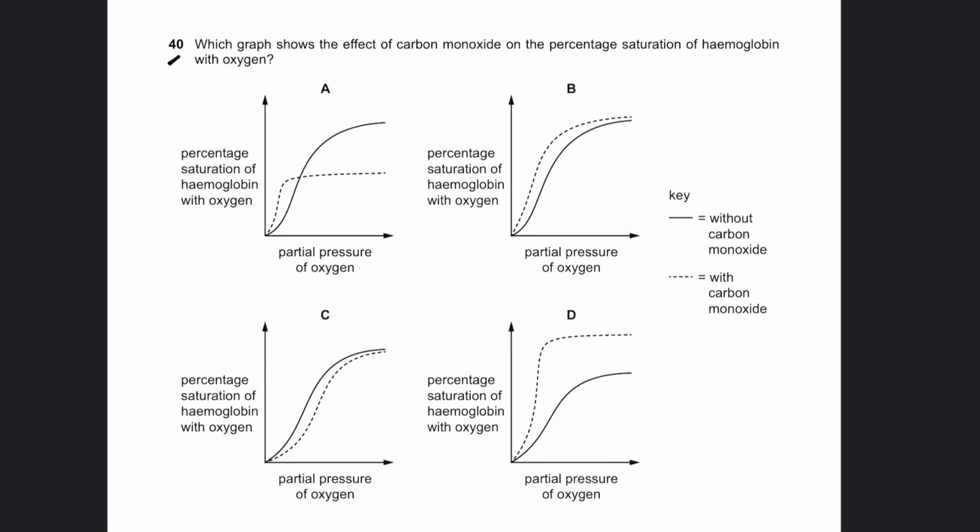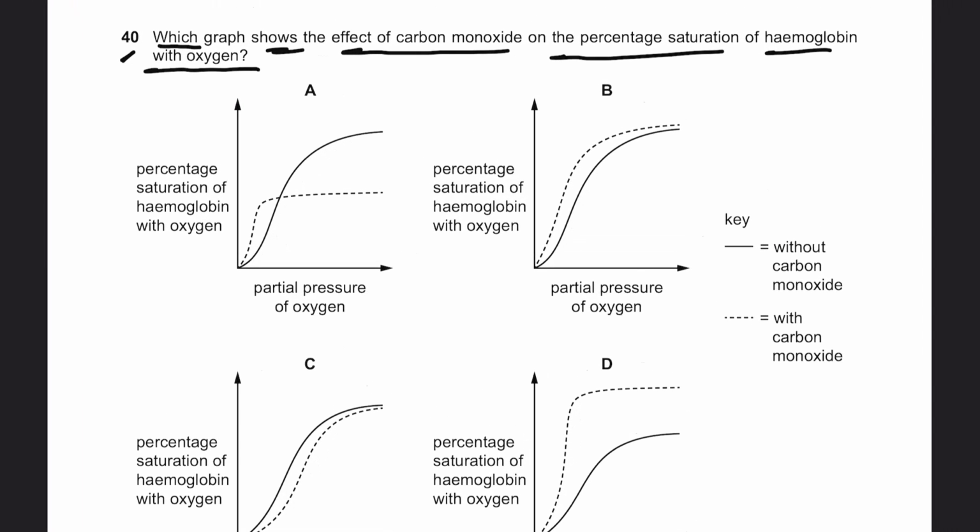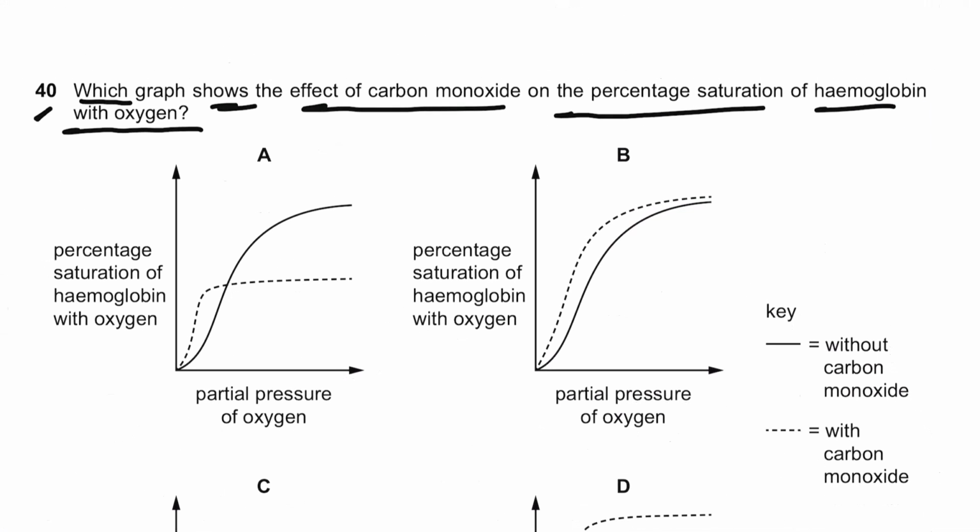MCQ number 40. Which graph shows the effect of carbon monoxide on the percentage saturation of hemoglobin with oxygen? Okay, so we have to choose a graph which shows the effect of carbon monoxide on the percentage saturation of hemoglobin with oxygen.